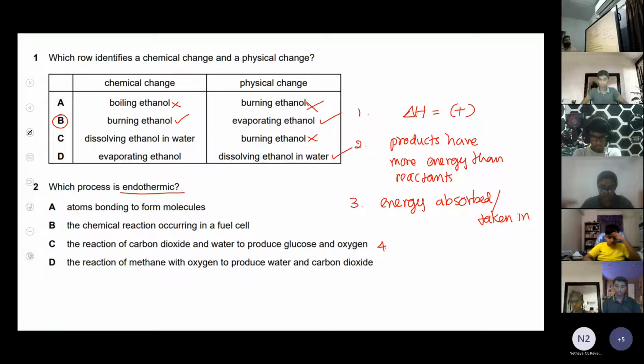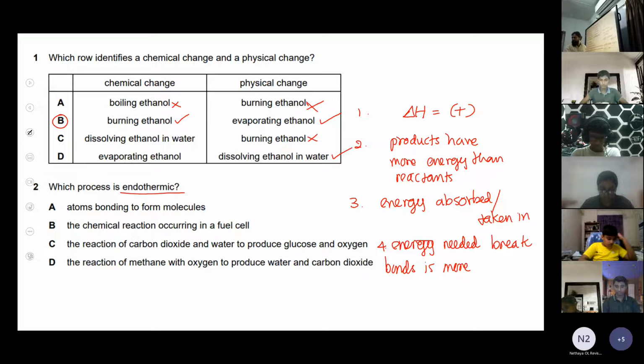describe an endothermic reaction. And fourth, energy needed to break bonds, the bond state. Energy needed to break bonds in reactants is more than energy released when bonds form.